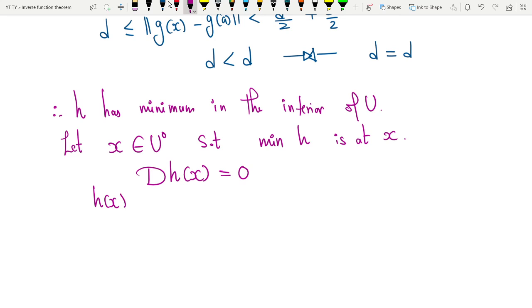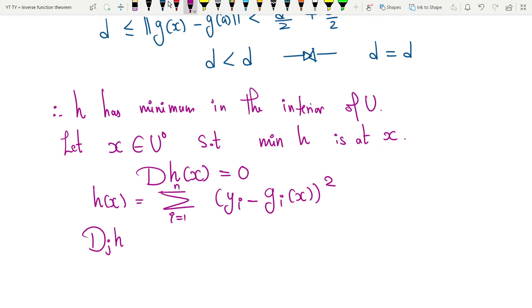My h of x was defined as the summation of (yi minus gi of x) whole squared, i running from 1 to n. The derivative is actually nothing but the gradient, but I just consider all the partial derivatives. If the derivative is 0, all the partial derivatives must be equal to 0 at that point x, right?